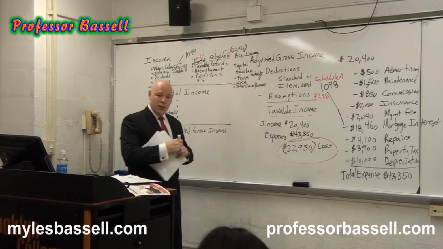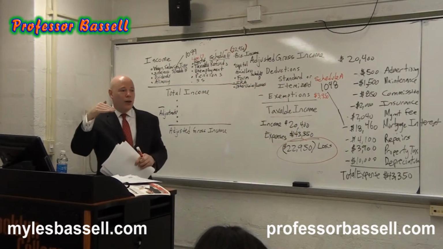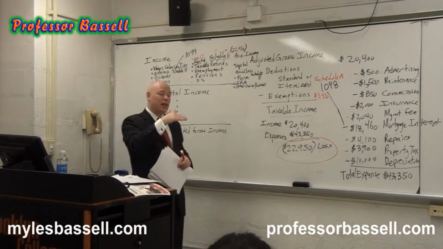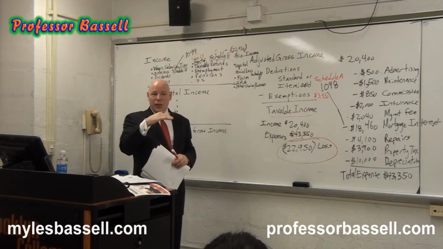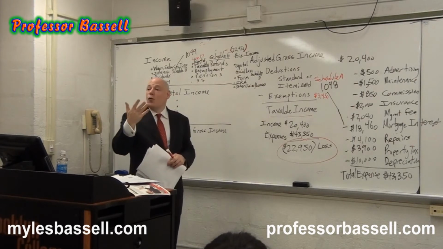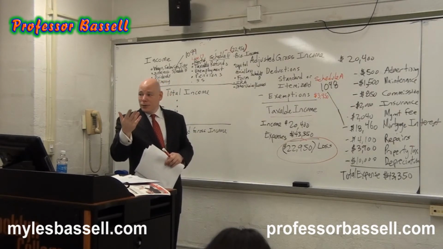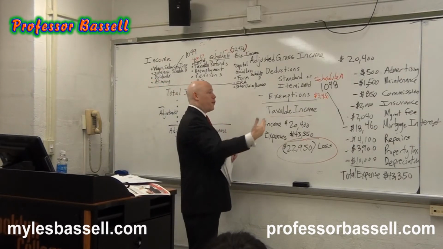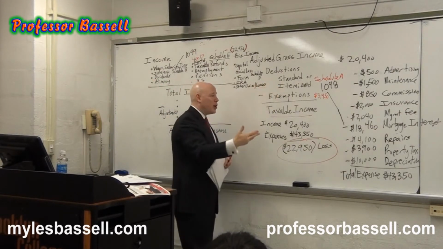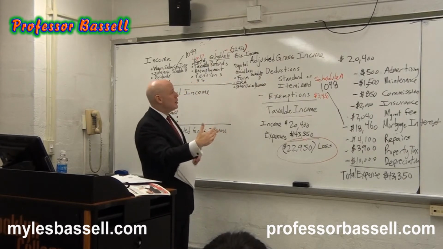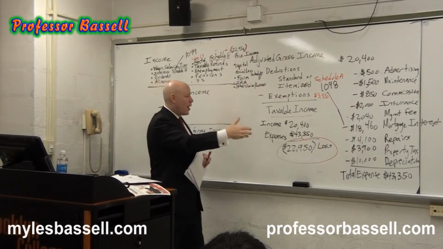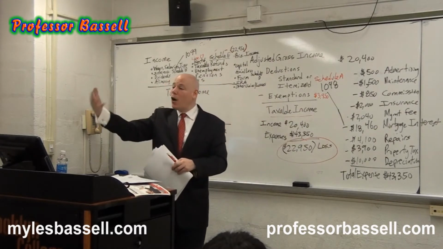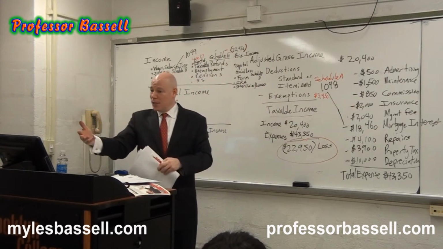So directionally, what we're hoping is going to happen is that our taxable income is going to be as low as possible. So we're hoping to benefit from these itemized deductions so that it reduces our adjusted gross income. If our taxable income is less, then the amount of tax that we owe is also going to be less.